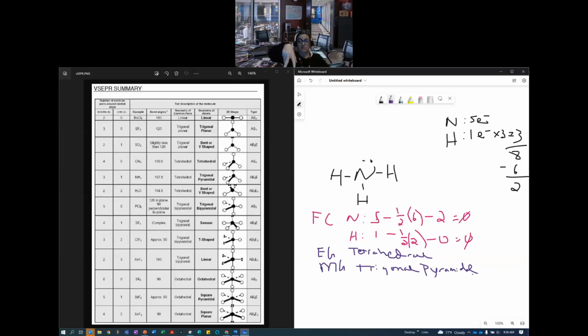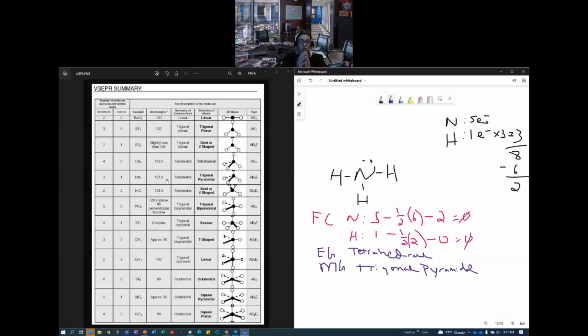So we have essentially these 3 that are sitting like this, and the electron pair, the lone pair, is sticking up in the air. But the 3 that we have to describe are the 3 that are sitting like that. So that's that trigonal pyramidal structure that we're looking at here. Okay. So that's how we describe that. Those are our formal charges. This is our Lewis structure. This is the accounting for all of our electrons. Everybody's happy.